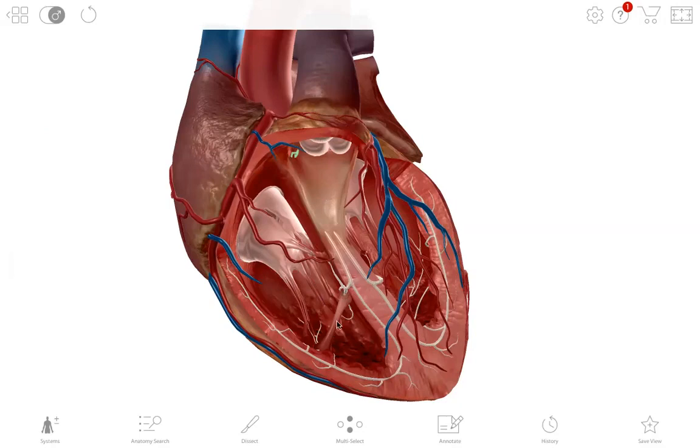As you can see here, this is a band. This is a muscle ridge between the interventricular septum and the anterior wall of the right ventricle. This is called the septomarginal band, or the moderator band. The moderator band is important in the conducting system of the heart. A large part of the right bundle branch will pass through it. We will mention this when we explain the conducting system.